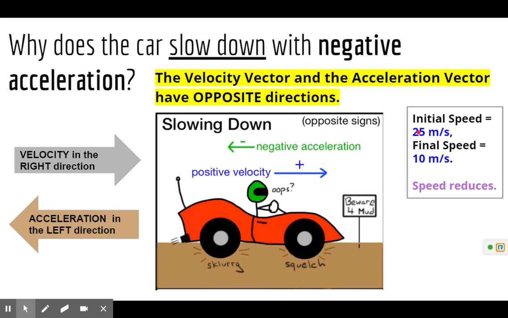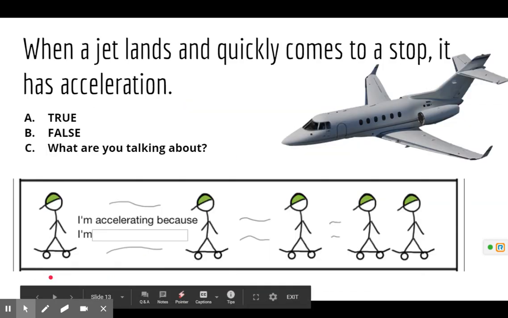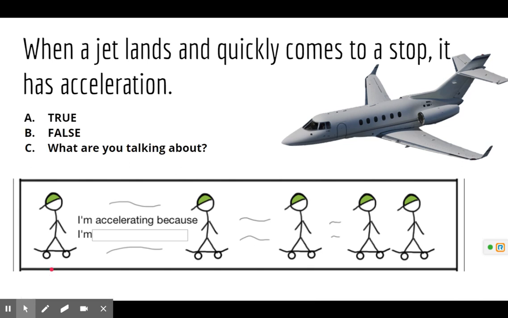The initial speed of the car is 25 meters per second. The final speed is 10 meters per second. When the velocity vector and acceleration vector are in the opposite directions, you slow down. This is negative acceleration. When a jet lands and quickly comes to a stop, it has acceleration.